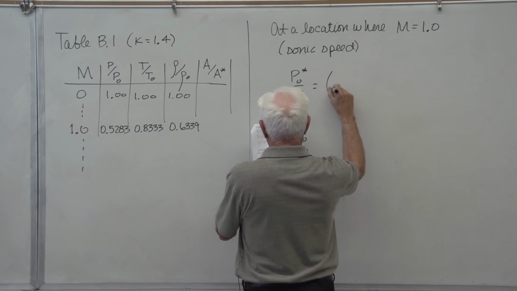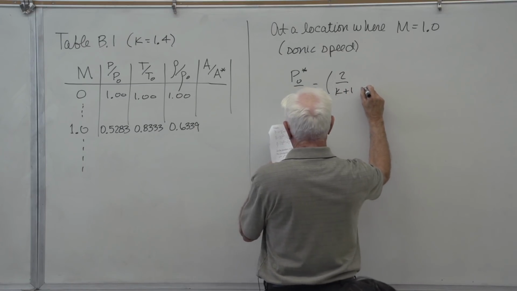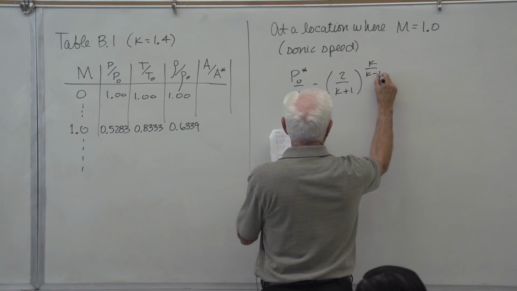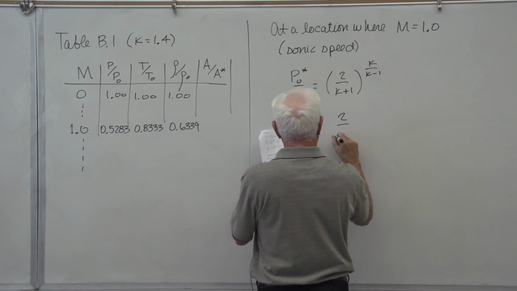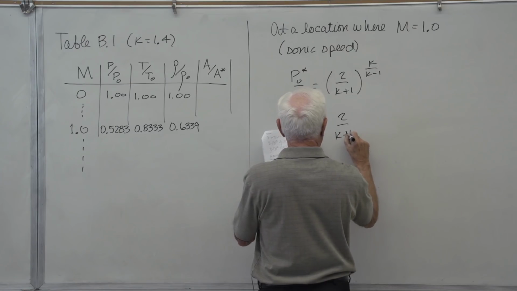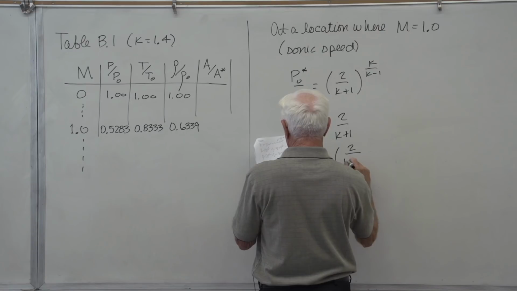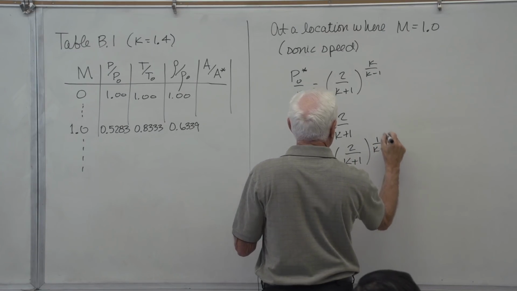This is equal to (2 over k plus 1) to the k over k minus 1. This is equal to 2 over k plus 1. This is equal to (2 over k plus 1) to the 1 over k minus 1.